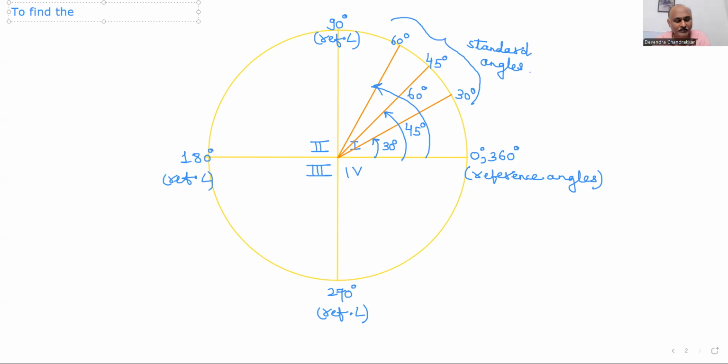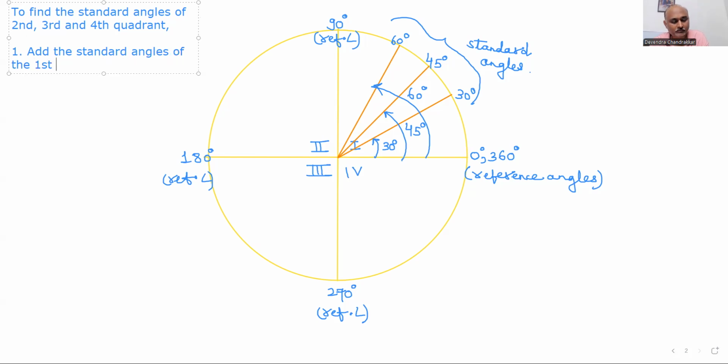So to find the standard angles of the second, third, and fourth quadrant, first is add the standard angles of the first quadrant to the smaller reference angle of the respective quadrant.